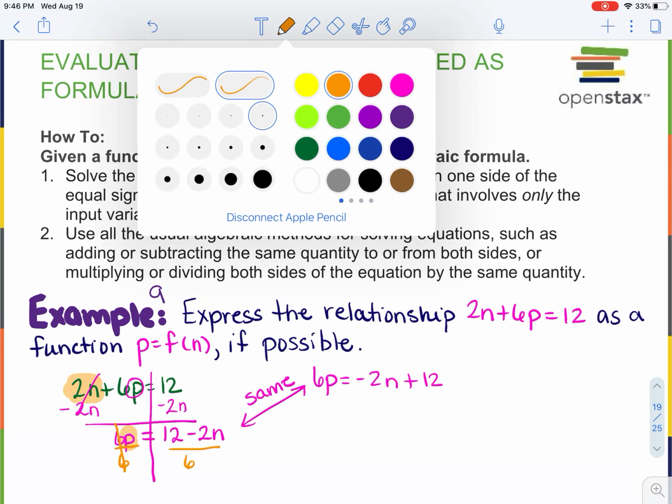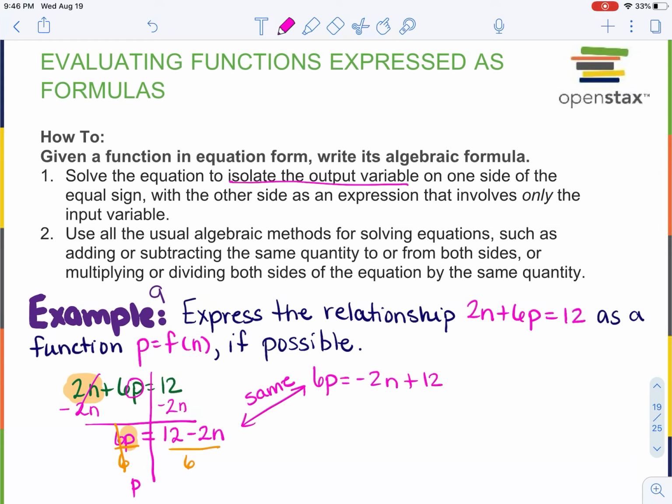So on the left-hand side, the 6's will cancel. 6 divided by 6 is 1, and that just leaves 1p, which is p. And on the right-hand side, you need to divide the 6 into both terms. So 6 will go into 12 twice, and it does not go into 2, so that would leave 2 over 6n, or 2 minus, we could reduce it to 1/3 n. So we wanted to express the relationship in this format.